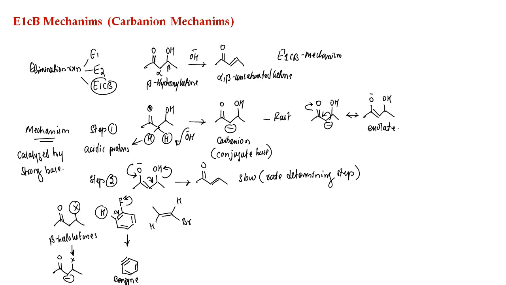As far as this compound is concerned, here this is an acidic proton and it can be taken by base, which can rearrange, expelling the bromine atom, and we get an alkyne like compound.